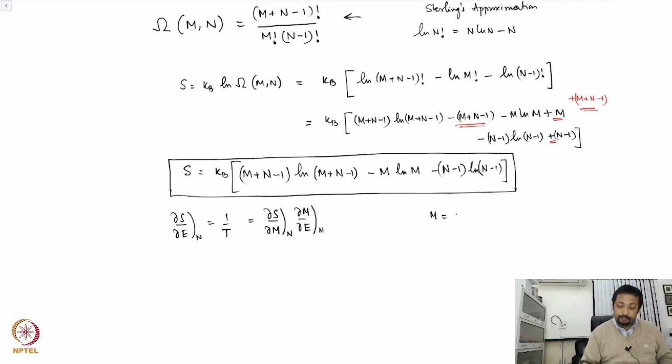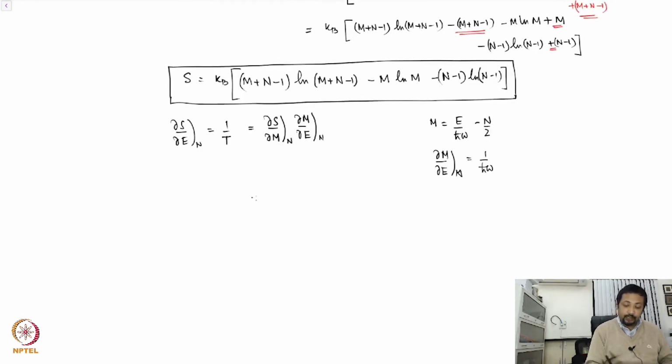Recall that m is going to be E over h bar omega minus n over 2, so that del m del E with n held constant gives you just 1 over h bar omega.